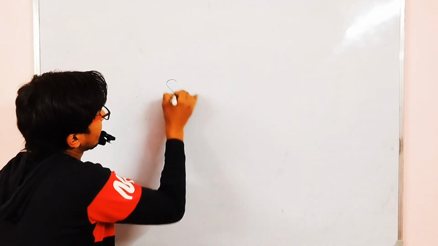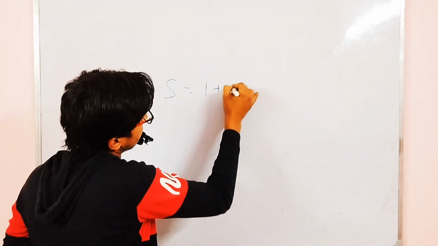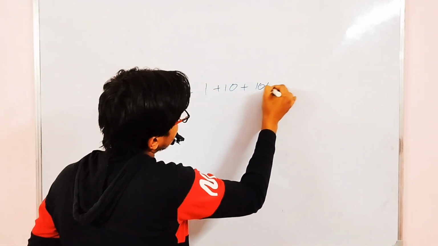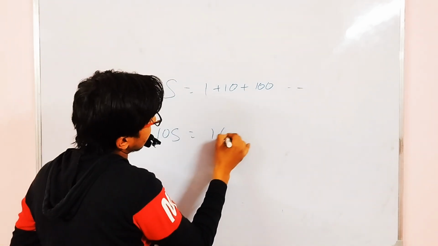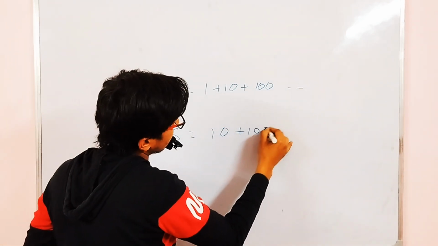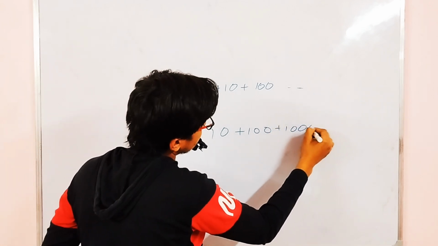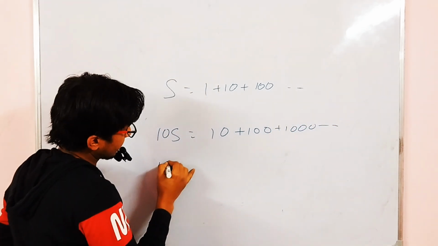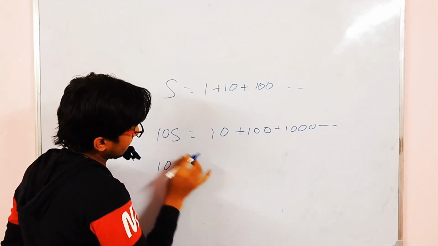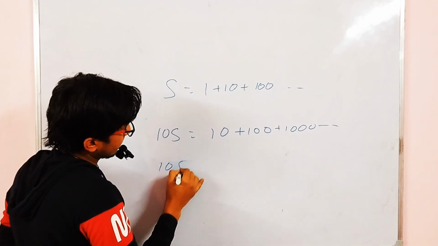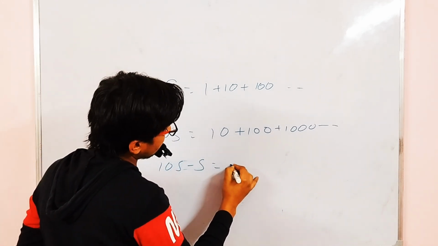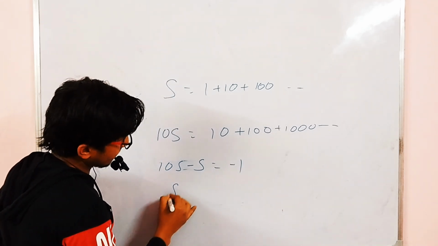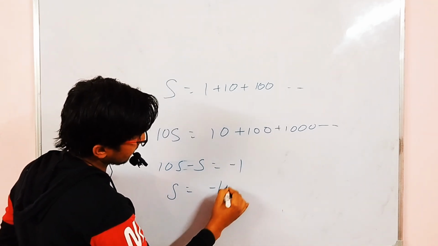In the same way, suppose I am proving this as 1 plus 10 plus 100, and I'm multiplying by 10. 10s is equal to 10 plus 100 plus 1000 and so on. If I subtract this, we can say 10s minus s equals minus 1. So s equals minus 1 upon 9.